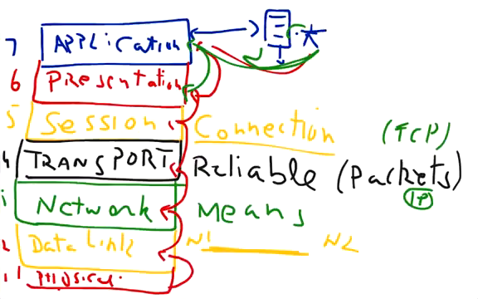So how do we remember which layer comes on the top and which layer comes on the bottom? There is a very easy way to remember it, and that is to remember a sentence.